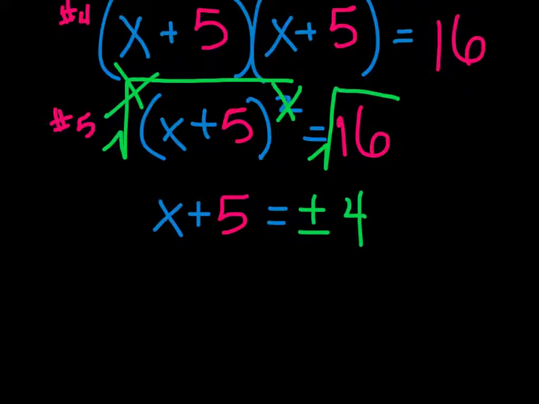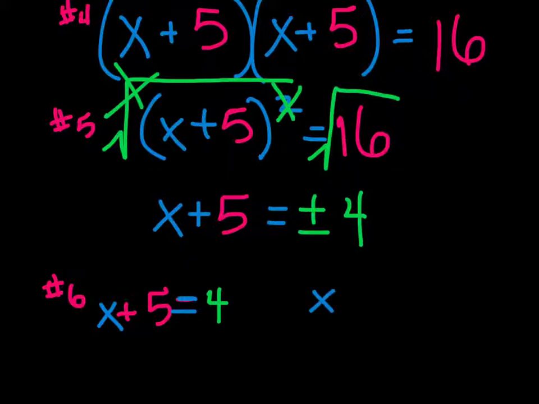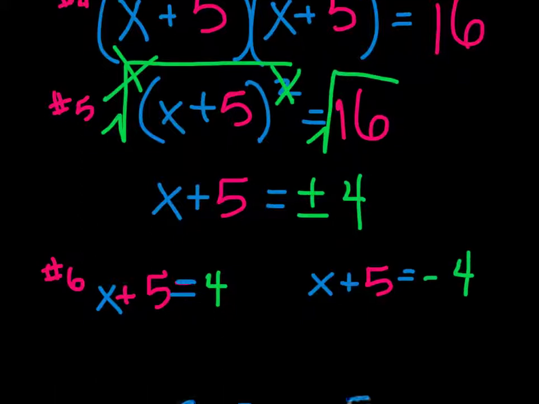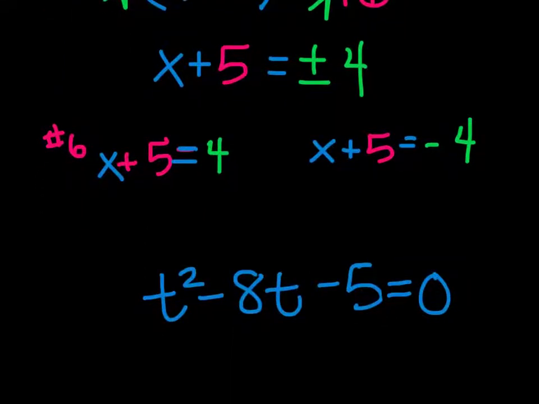After that, step number 6 tells us that we need to create two different equations. We have x plus 5 is equal to a positive 4, and x plus 5 is equal to a negative 4.